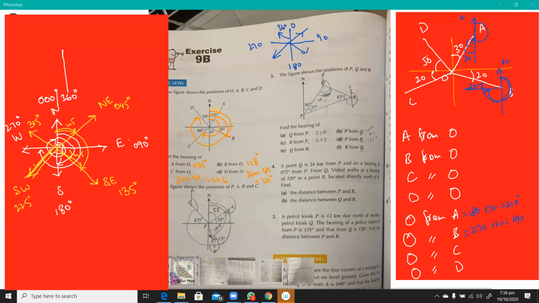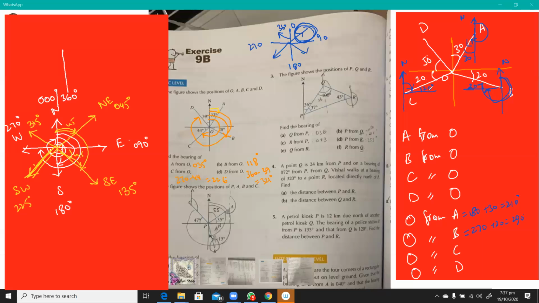Look at this, the bearing of O from C. Now you have your north here. So this much is the angle. This is in this area, between 0 and 90. If this is 20 degrees over here, then this is also 20. You can always draw these parallel lines so that you can find the alternate, corresponding, or interior angles of parallel lines.